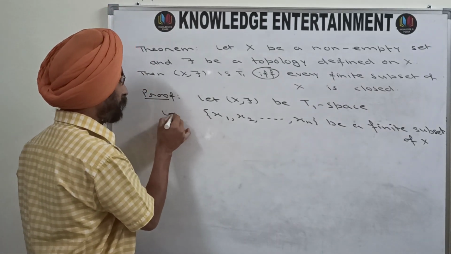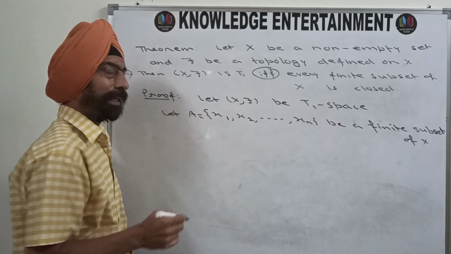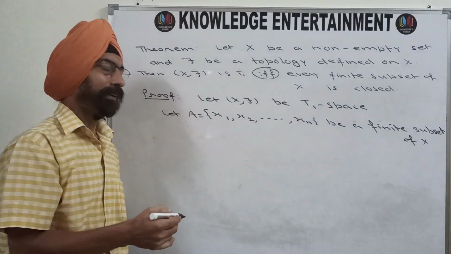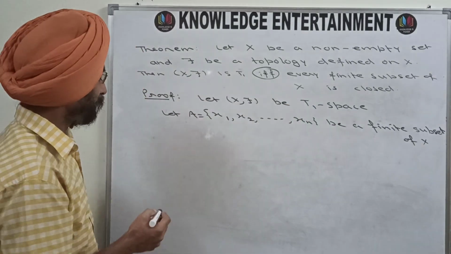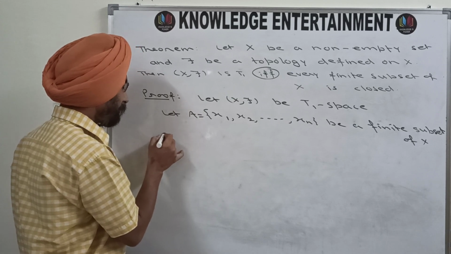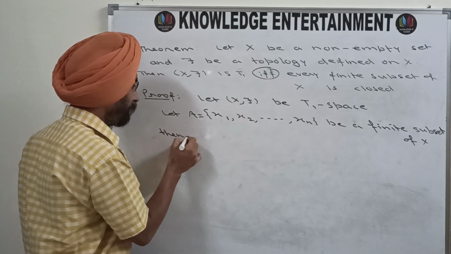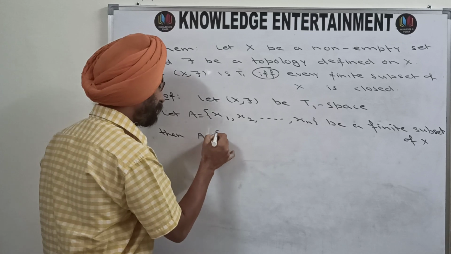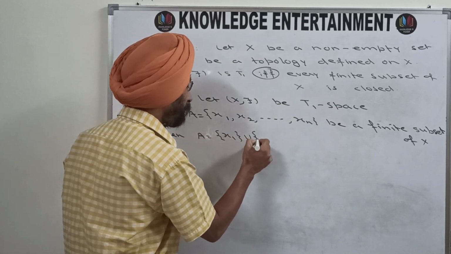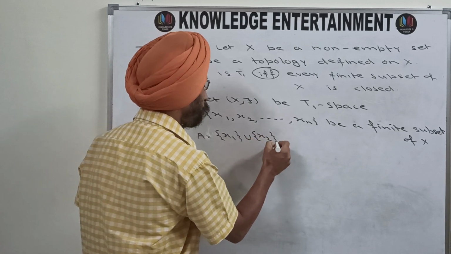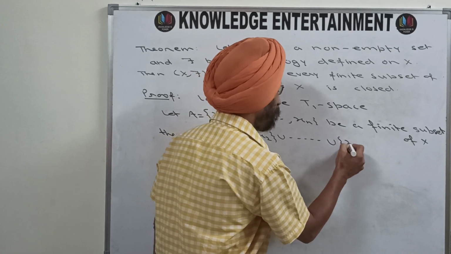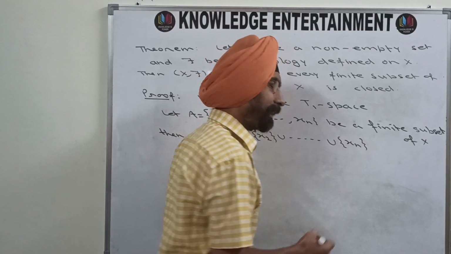Better if you give some name A to this set. So let A be a finite subset of X. Then A can be written as the singleton set {x1} union singleton set {x2} union and so on union singleton set {xn}.